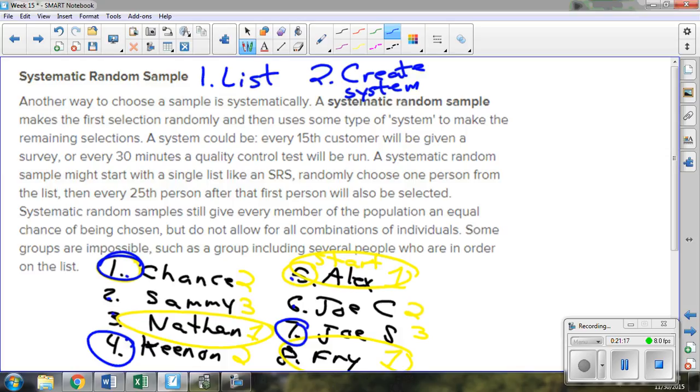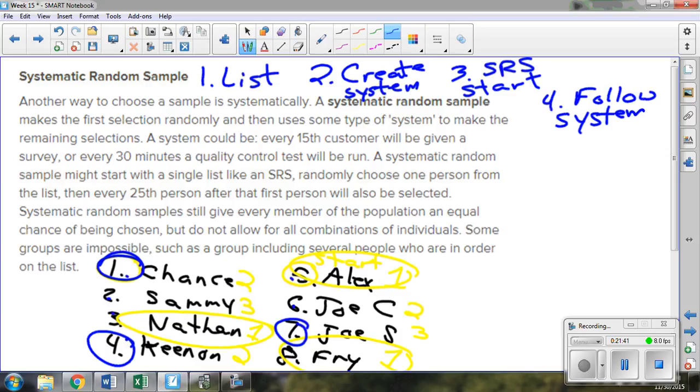You create the rule before you do anything. You will do a simple random sample to get your starting value. And once you've got the starting value, all you do is follow the system.